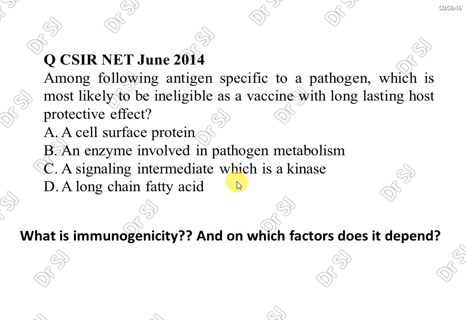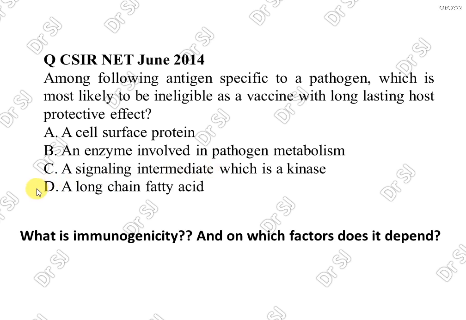logically, if you want to answer it, you should know what immunogenicity is and which factors it depends on, because a good vaccine candidate should be a very good immunogen. Proteins are definitely good immunogens because they elicit both humoral and cell mediated immunity, and they have multiple epitopes that help further in generating an immune response.